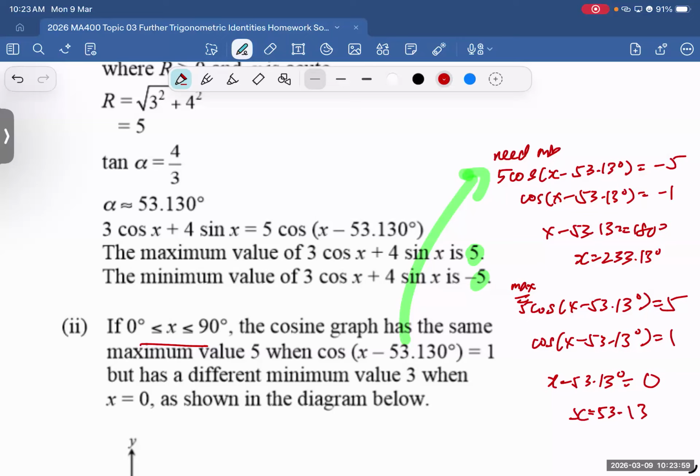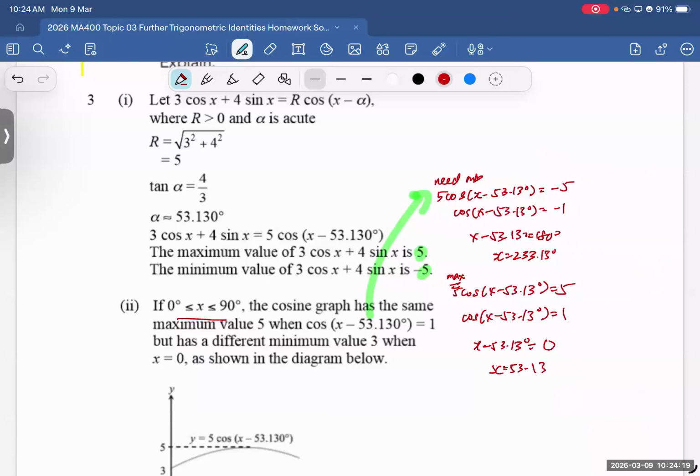For this one, do you understand what the maximum is? You say solve. How do you solve? But do you get 5 and 0? I just said that the maximum value is the same one.